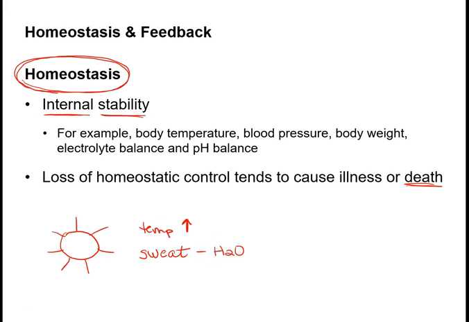The water will actually begin to cool your outside of your body down, which will then move in and cool the inside of your body down. So you end up with your temperature going back down. So this is a very simple example of how our body can maintain the correct body temperature. Correct body temperature is a homeostasis.